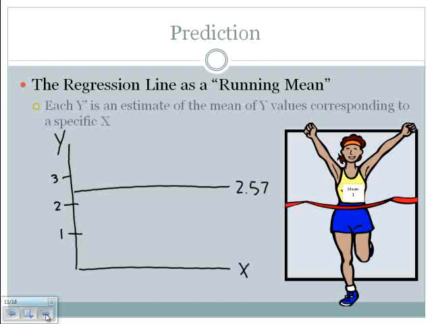And that's what we're calculating here. That's what our y variable is. Somewhere in here, we have our regression equation. It has put our line right there. And I want to introduce you to, again, the concept of that prediction line as a running mean.